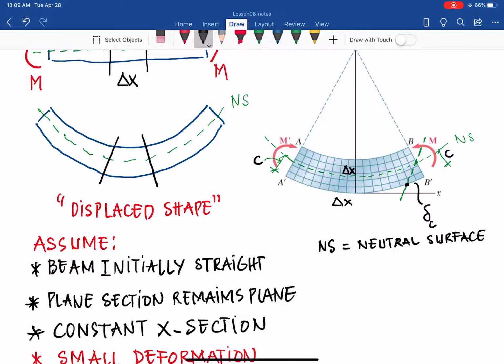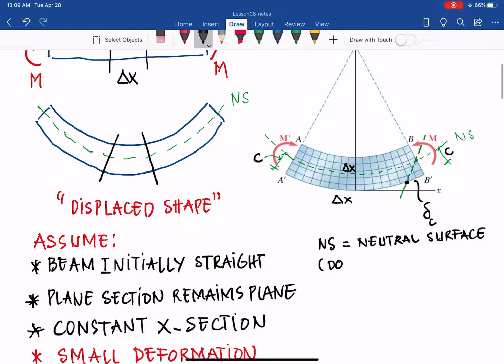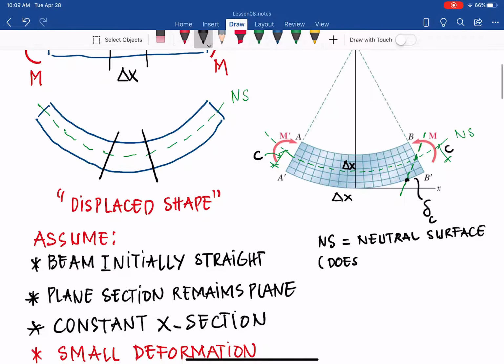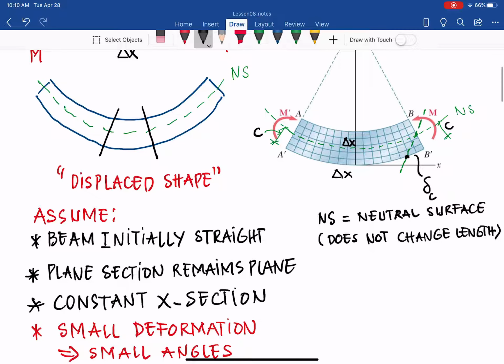With the neutral surface, you can see that it goes through the centroid, and I put delta x here. If it's in the middle there, it does not change length, as I demonstrated with the noodle. With pure bending, it only changes the length on the top, which compresses or contracts, AB, and at the bottom it extends, so A'B' will be bigger than AB, as I showed in that figure.